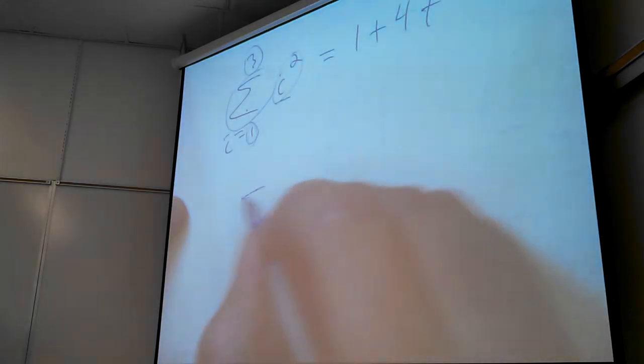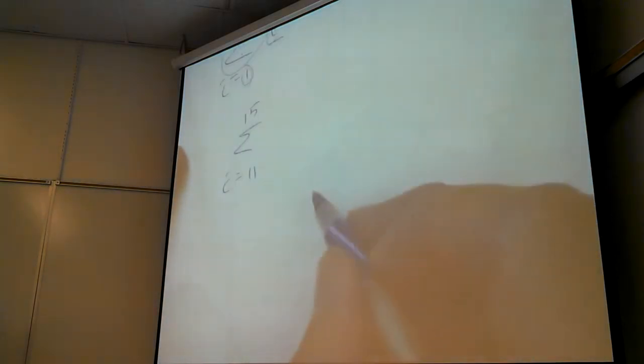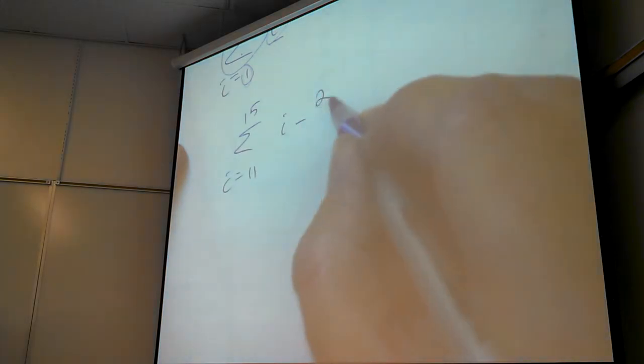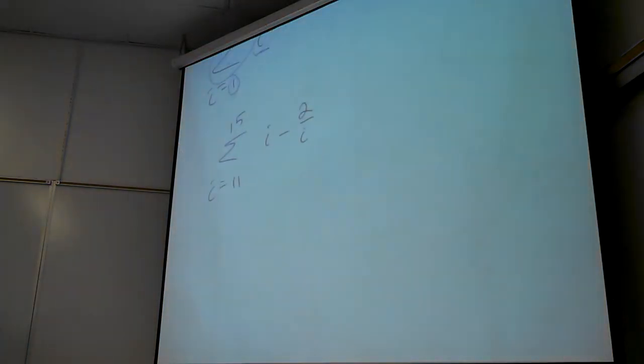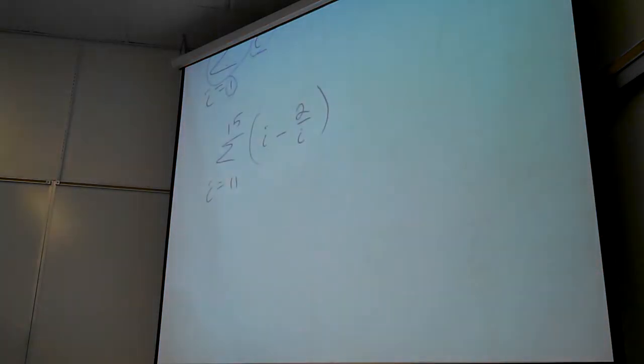Let's see. What about this here? Start at 11. As long as it's not 0, minus 2 over 11. As long as you're not lazy, that's easy.